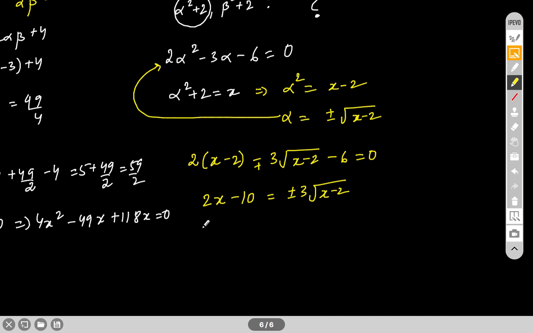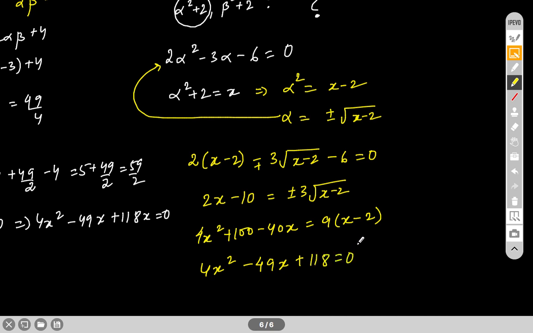So 4x square plus 100 minus 40x equals 9x minus 18. If you bring it to the other side, it becomes 4x square minus 49x plus 118 equal to 0.